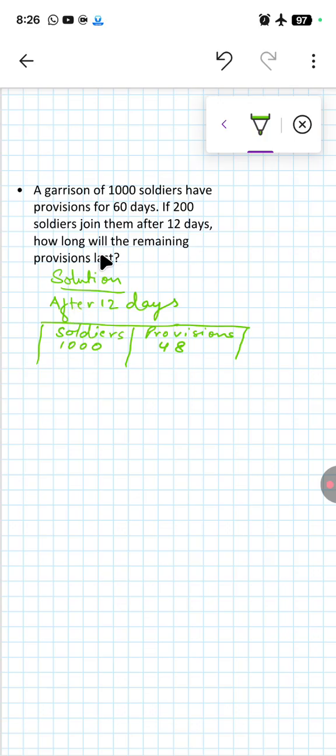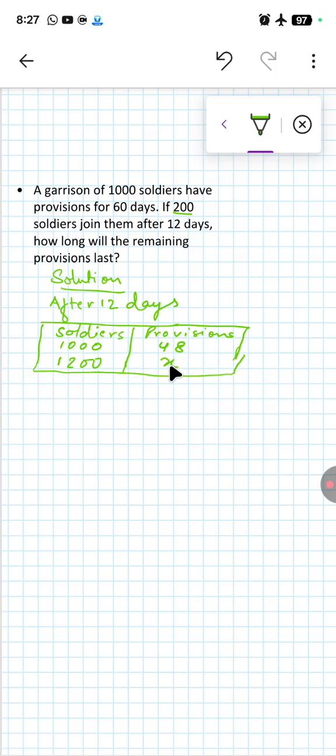Now after 12 days, what is happening? Some soldiers are being added. 200 soldiers are added. So 1,000 was before, now 200 is added. It became 1,200 soldiers. Now how long will the provision last? It was meant for only 1,000 soldiers to be used for 48 days. Now soldiers have increased.